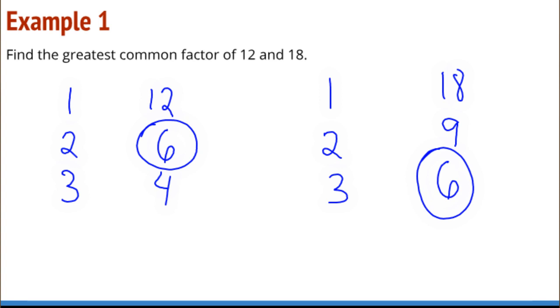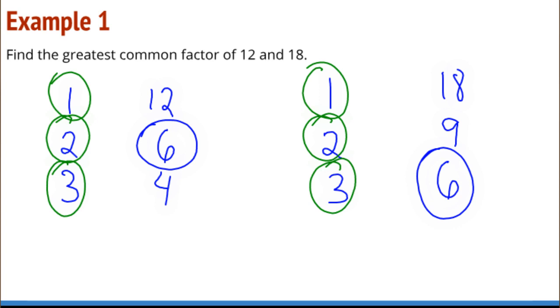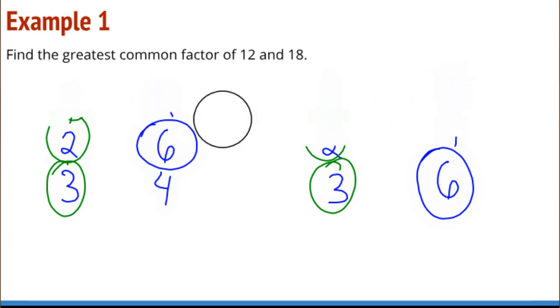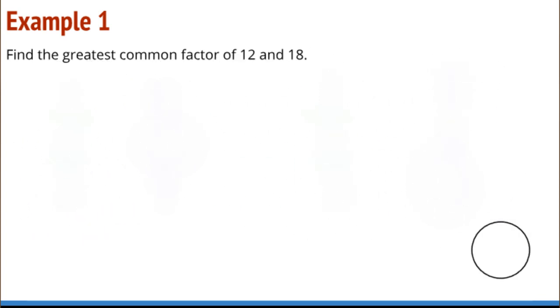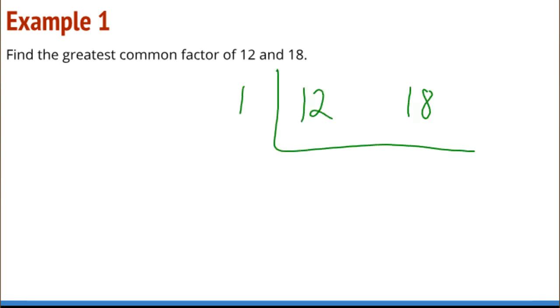Now, you could also look for, if you are just looking for common factors, these are all numbers that are on both lists. But I would like to point out that all of those were also found on the upside down cake. 12 and 18: I can divide them both by 1, and I have 12 and 18.